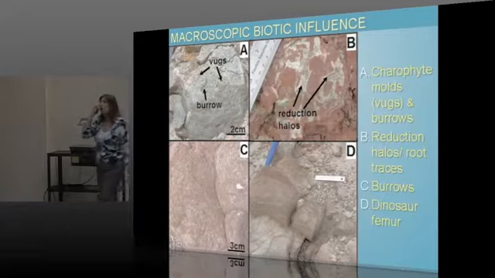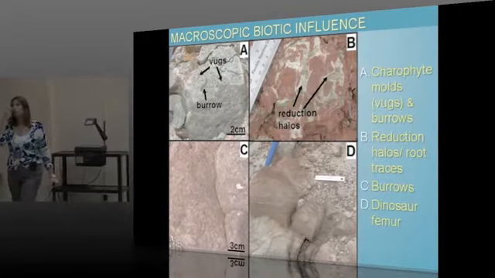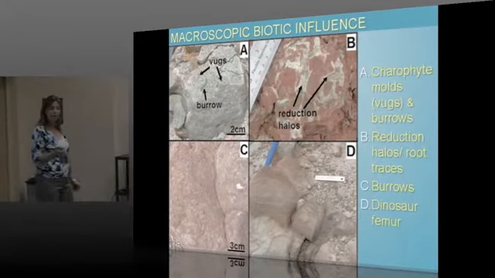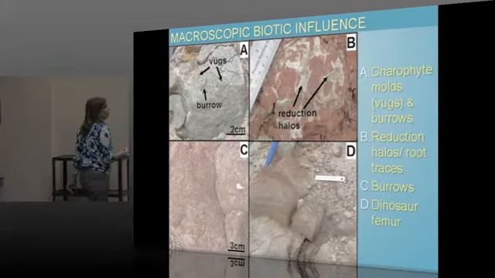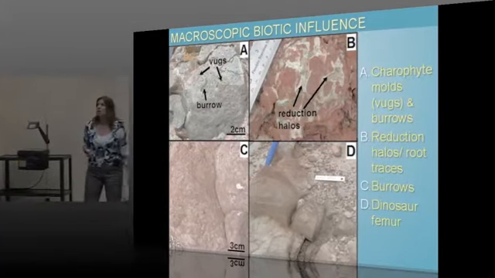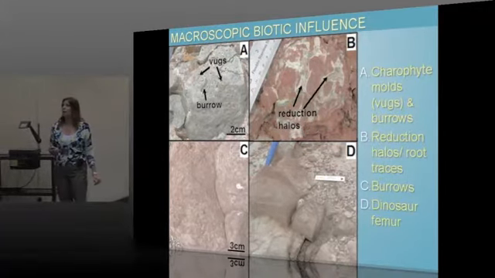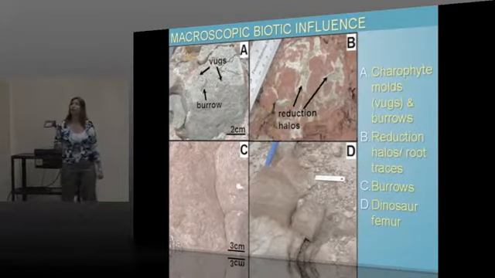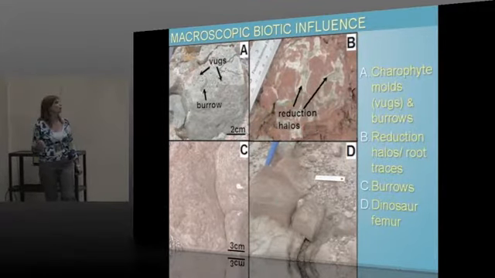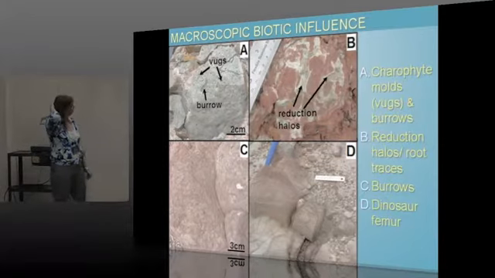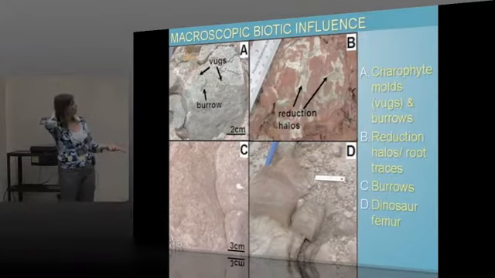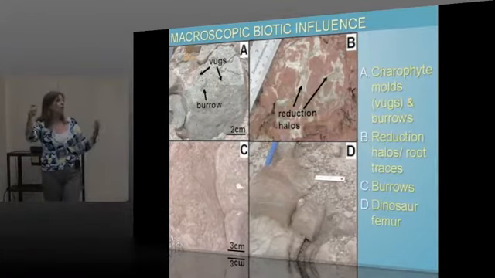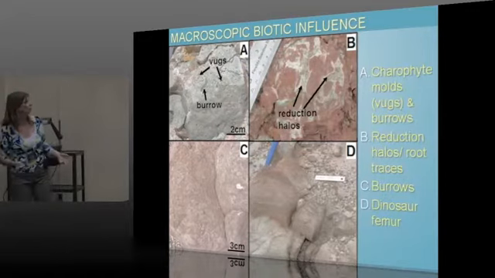Okay, so as I said, in the Brushy Basin Member, there's abundant macroscopic biotic influence. As I've talked about, the vugs, the charophytic texture. These are reduction halos around root traces. So very often you get paleosols, which are fossil soils, and you have evidence of roots and burrows in those.